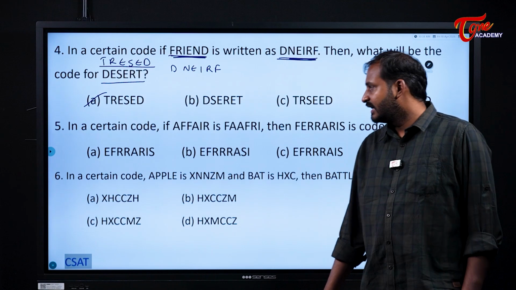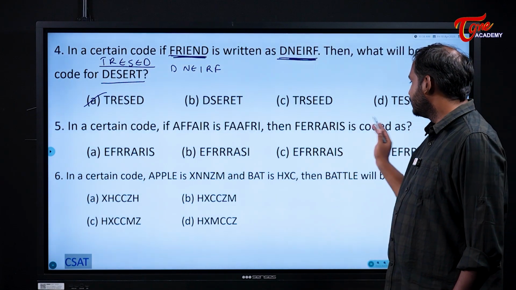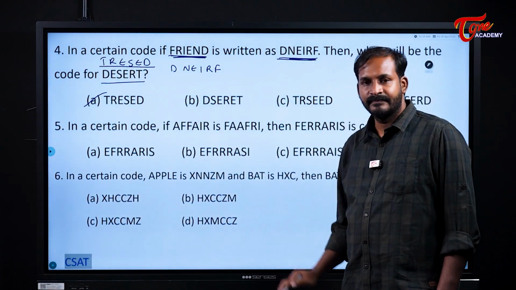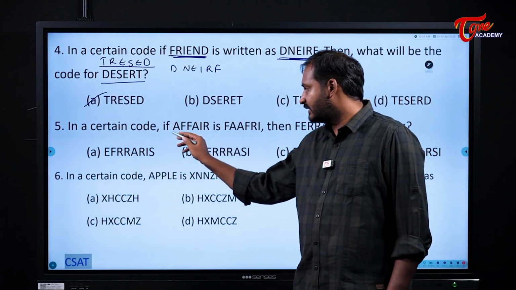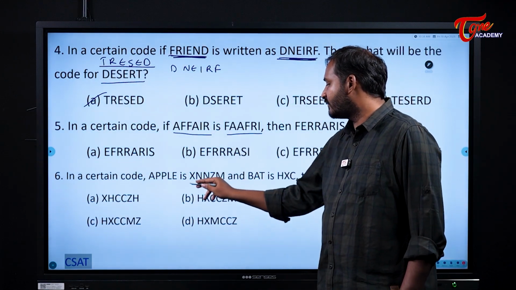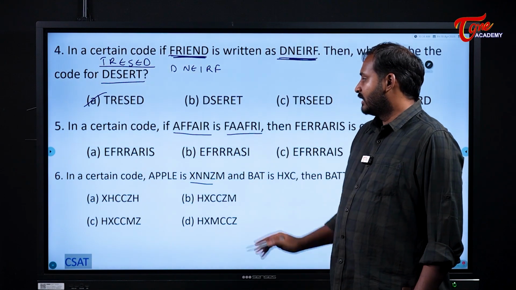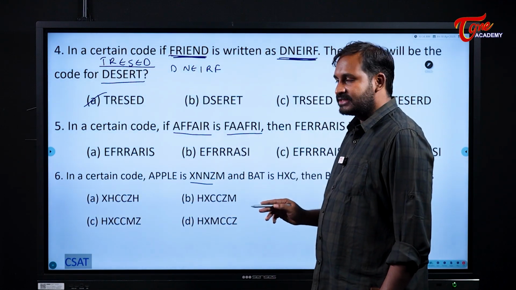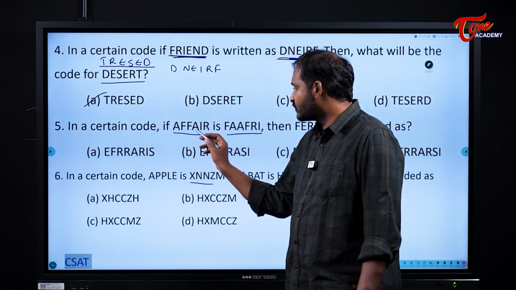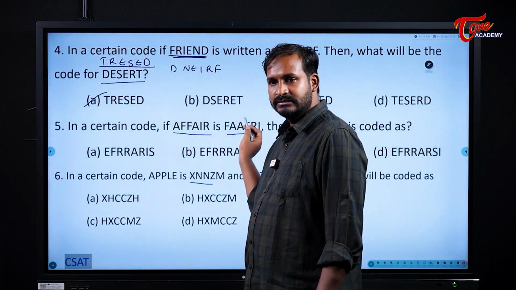A simple and direct one. In a certain code, if FIR and is coded as... Okay, the same thing: the letters present here and here are the same. Please pause the video and try to solve this one, students. Okay, it is coded as something like FAA, FRI. Same letters, right?